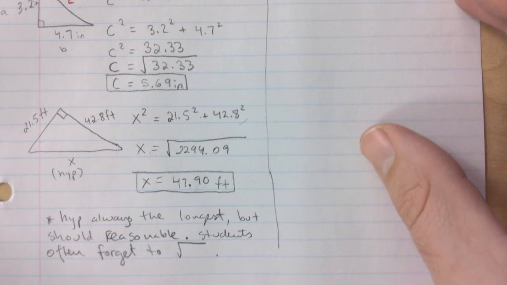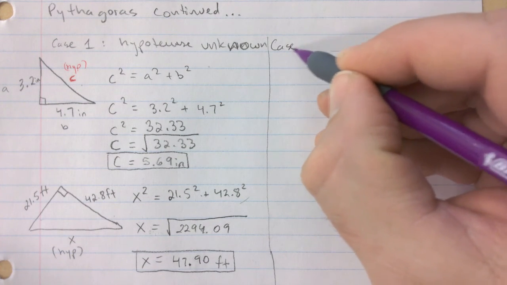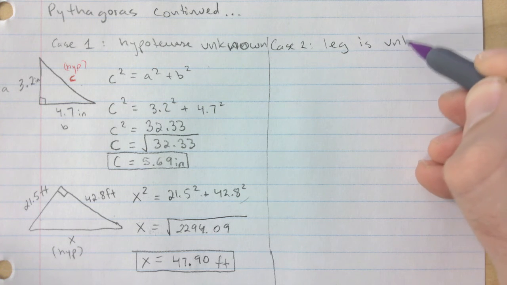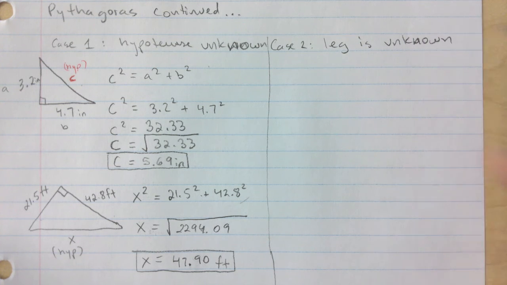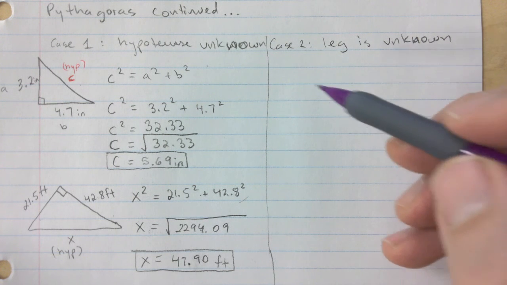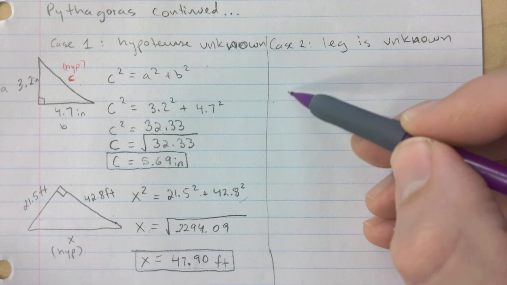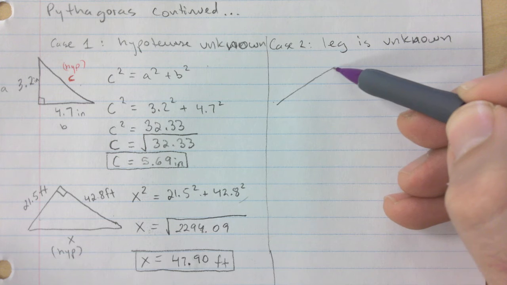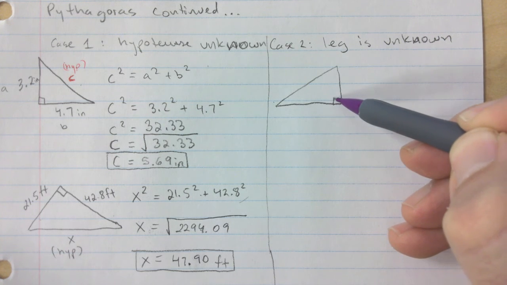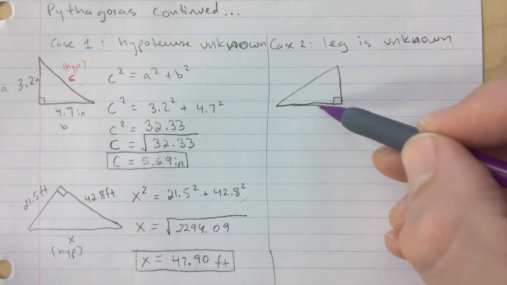All right, case 2. Leg is unknown. So let's write down an example. So later on, just so you know, these will be word problems, right? A ladder is leaning against, and so forth.